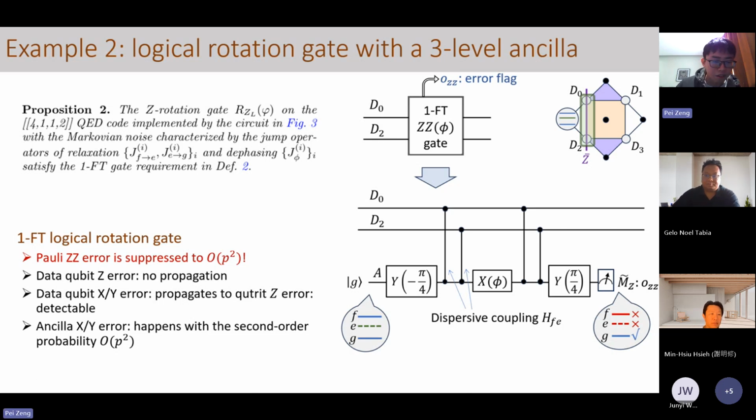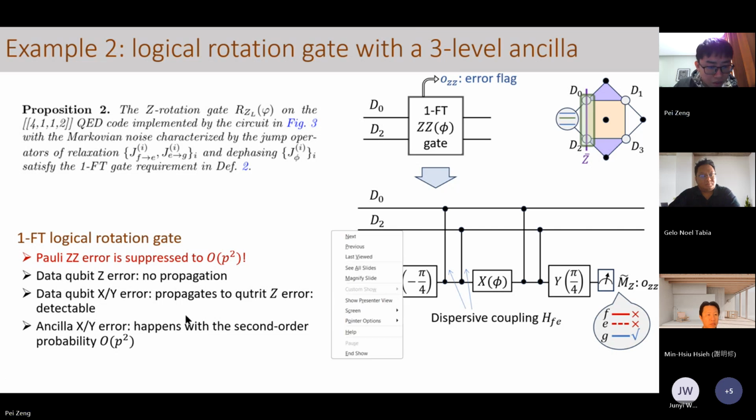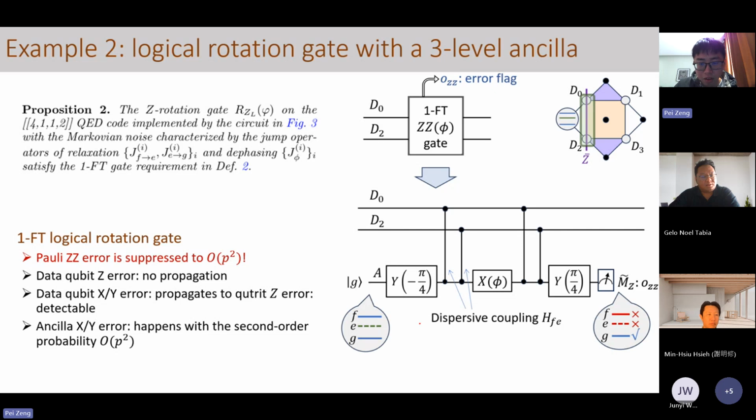So basically, the idea here is a bit complicated, but for simplicity, we can think of some circuit errors happening during these procedures. Let me use a pen.